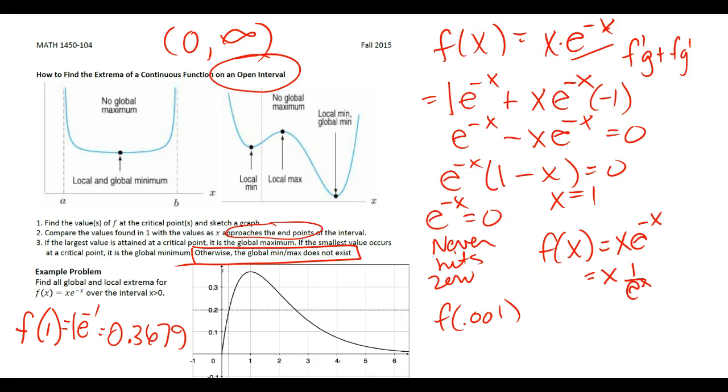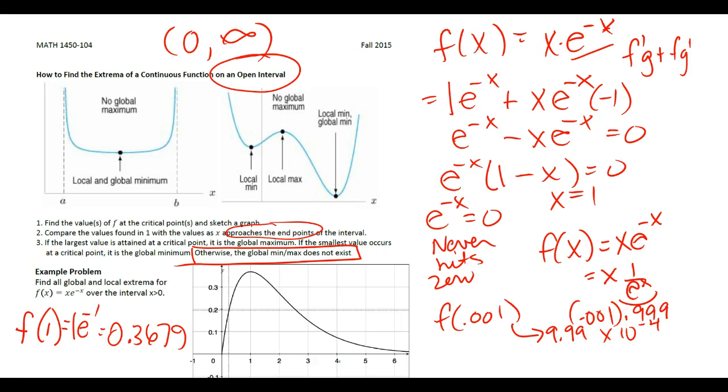All right, this number right here is 0.999. Then I'm going to multiply it by 0.001. So the function here is pretty small, 9.99 times 10 to the negative 4th.